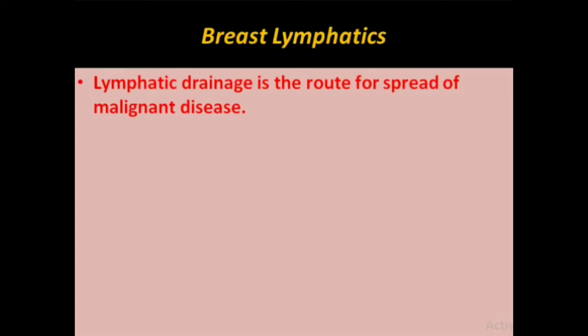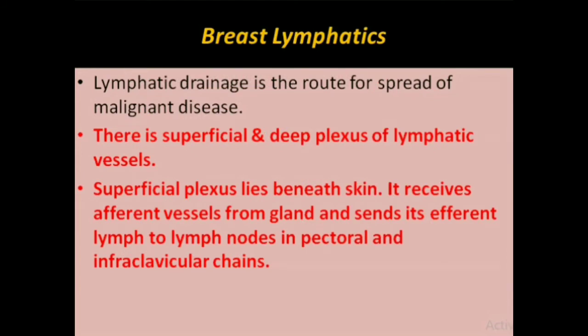Breast lymphatics are much more important, as the lymphatic drainage is the route of spread of malignant diseases. There is a superficial and a deep plexus of lymphatic vessels. The superficial plexus lies beneath the skin.